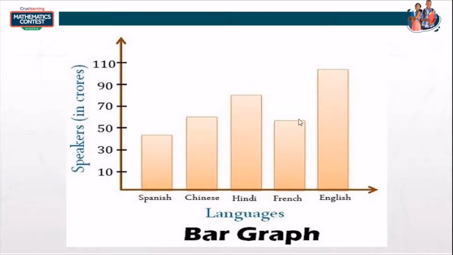Okay, so it's not just anyhow. Each bar should tell the number of speakers of the language which is under it. So the items should be under the bars. Okay, the items: Spanish, Chinese, Hindi, French, English.